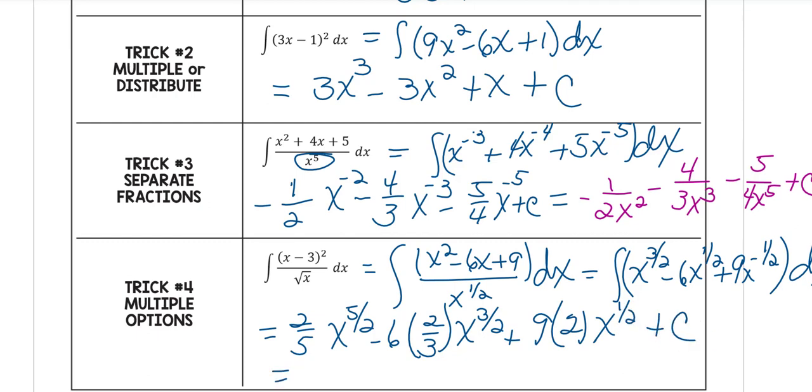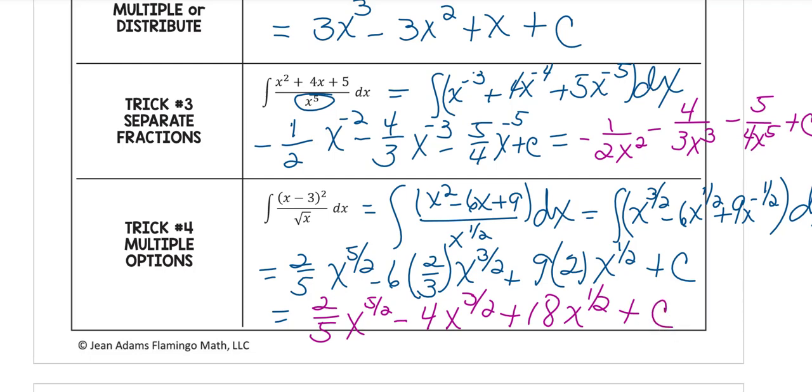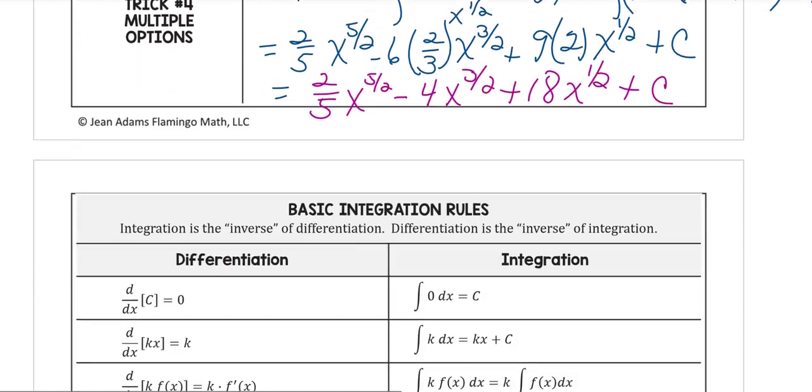So our final answer will be 2/5 x to the 5/2 minus 4 x to the 3/2 plus 18x to the 1/2 plus c. And if you want to write those as radicals too, you can. Both answers would be acceptable instead of using fractional exponents.